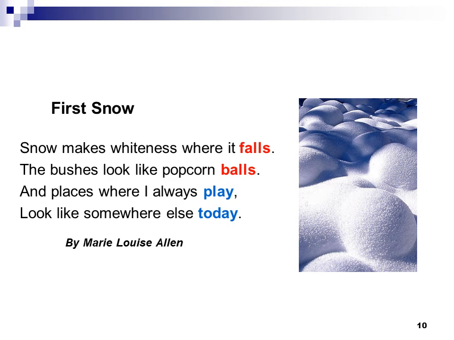So, what are the rhyming words? As I told you, rhyming words come at the end of the lines in this stanza. So what are the rhyming words that we can find here? Falls, balls, play, today.